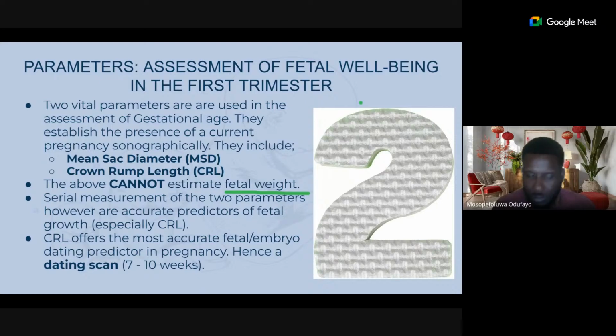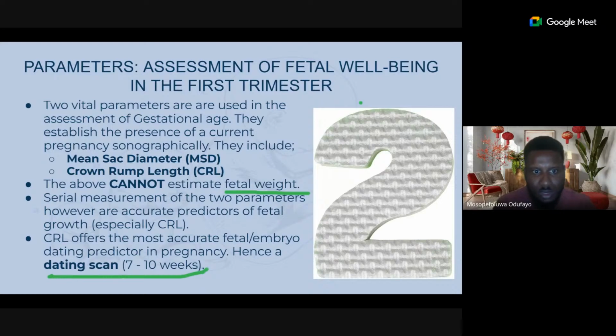Is that okay? And one thing you need to know about the crown rump length is, if you're going to get the best dating predictor, how old this baby really is, that is by the crown rump length. That is usually done when the fetus is about 7 to 10 weeks.